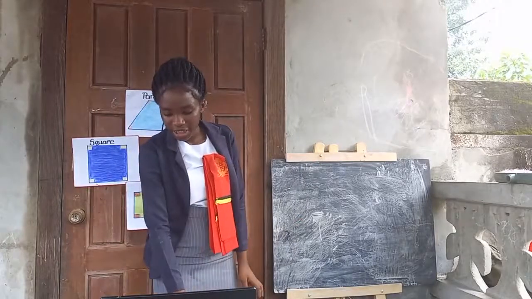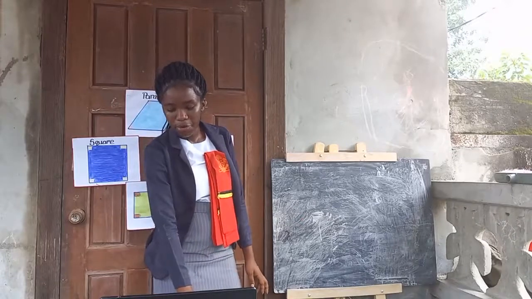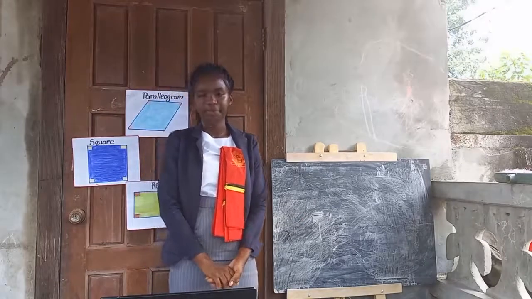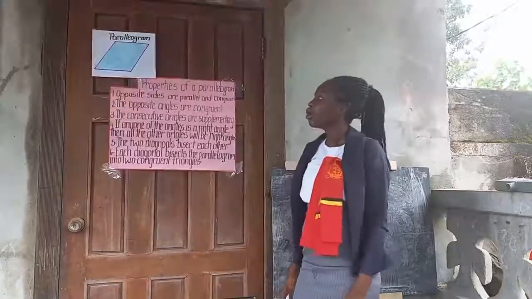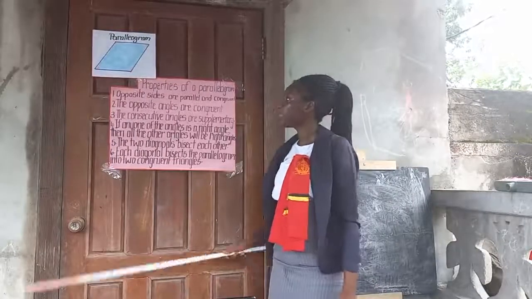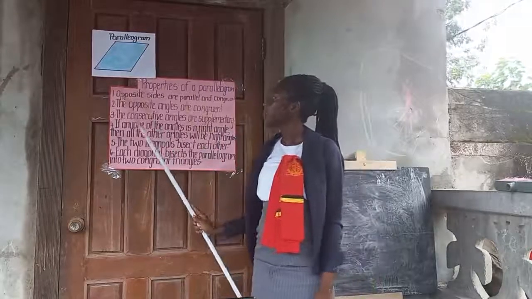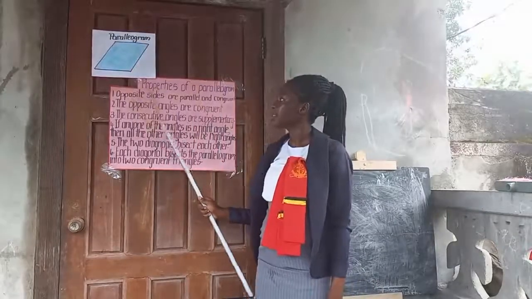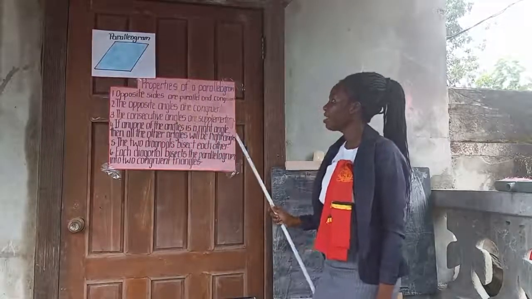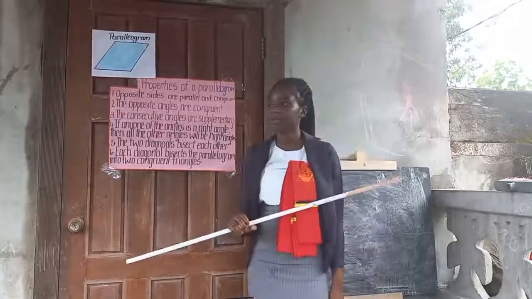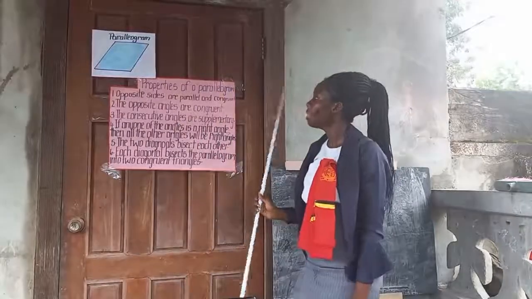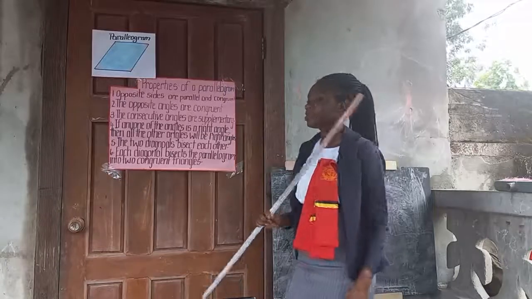Good. So what we want to look at now is the properties of the parallelogram, right? Number 1 states opposite sides are parallel and congruent, right? What does the word congruent mean?